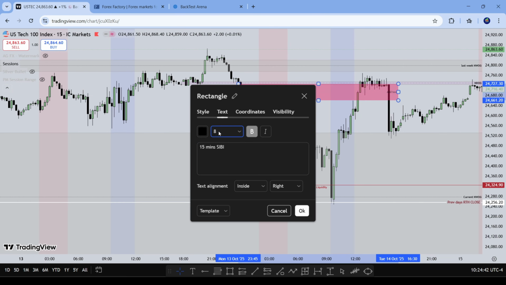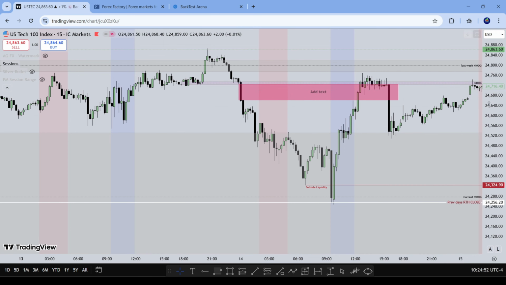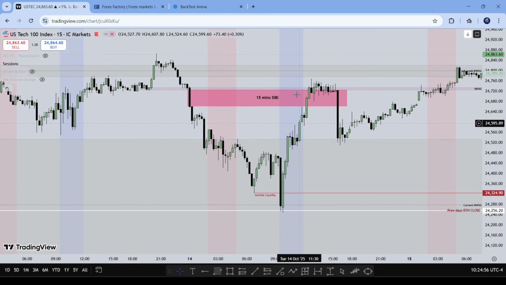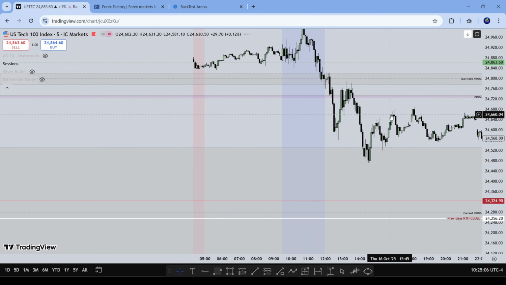Let's make it a little bit bold and put it in the center. So we have the 15-minute CB, right? This is a potential target, but we still have buy side here, buy side here, buy side here before we get here eventually. So we're going to go lower now, to the 5 minutes time frame.